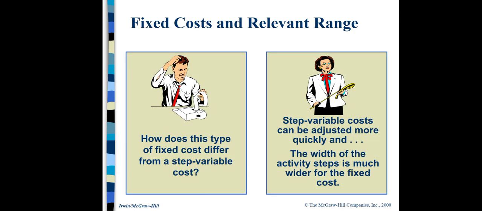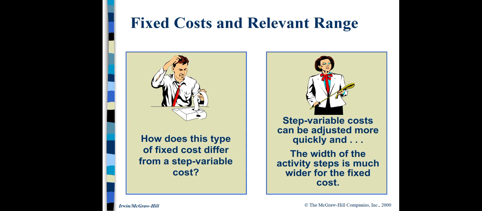Okay, next. The fixed cost and relevant range. How does this type of fixed cost differ from step variable cost? The step variable cost can be adjusted more quickly, but the width of the activity steps is wider for the fixed cost.